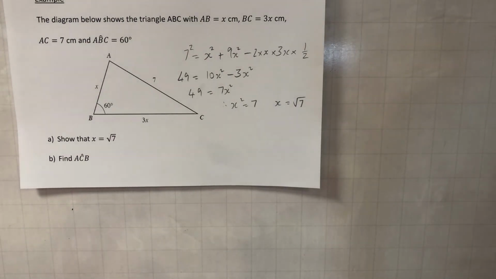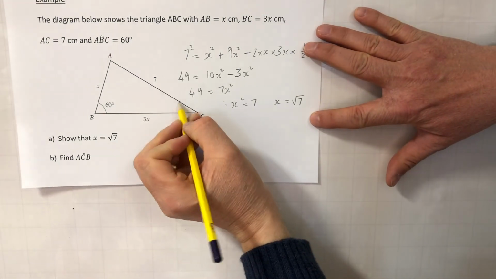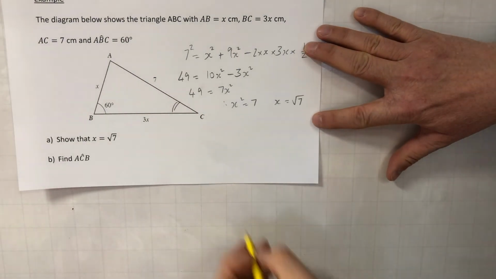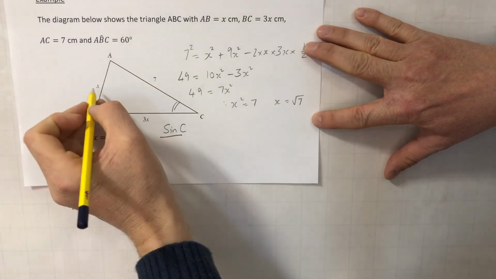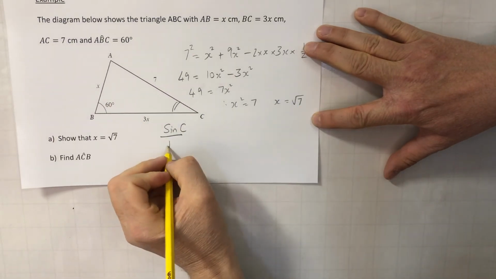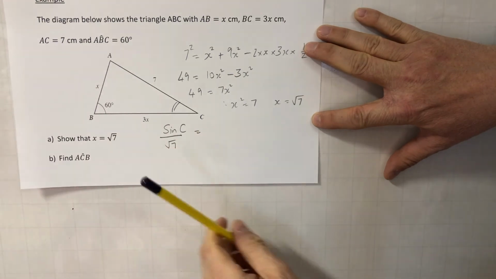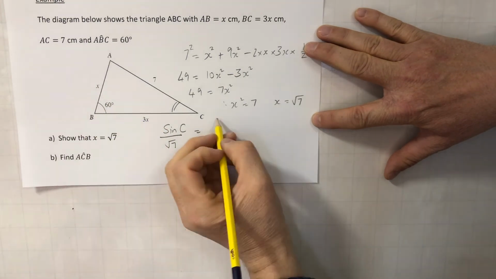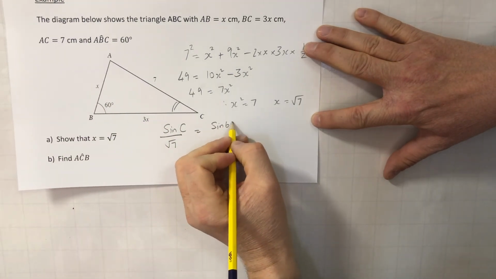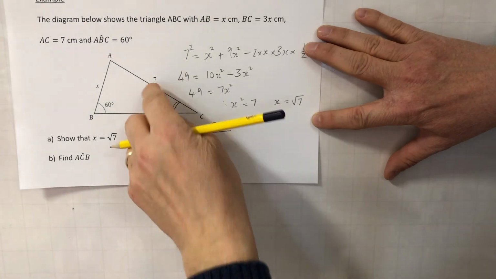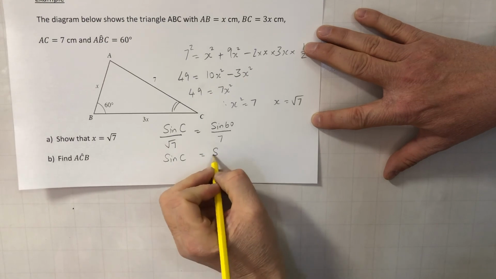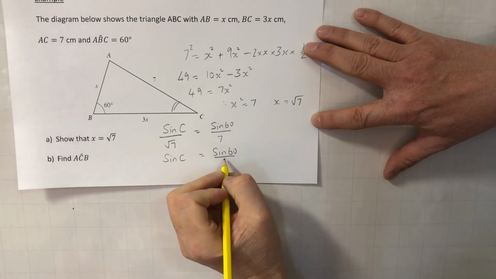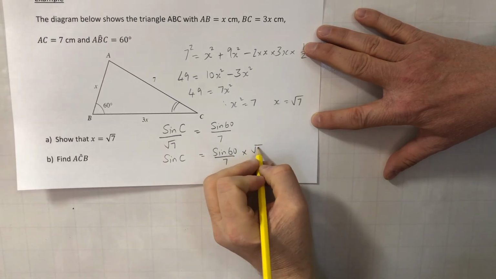In order to work out this angle here, then I can use the sine rule and say that the sine of c divided by that, which we now know is root 7, should equal the sine of 60 divided by 7. So the sine of c is equal to the fraction I've just said, times by square root of 7.